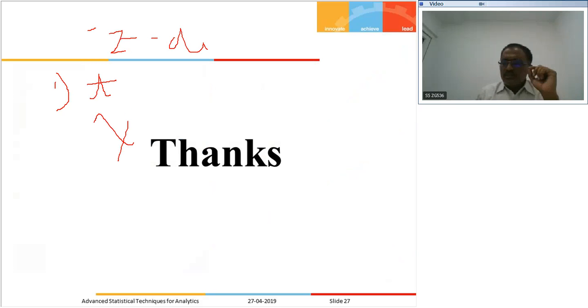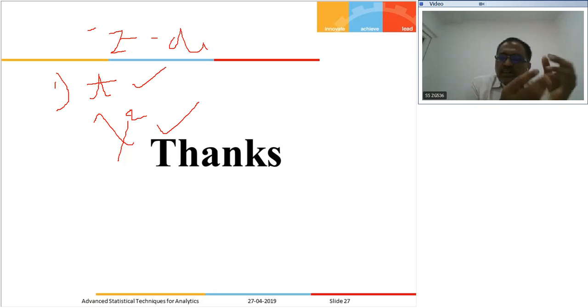It is compulsory that you will have problems where you have to go for T distribution as well as chi-square distribution. That means indirectly, it is very clear that you have to go through all the models we discussed with respect to testing of hypothesis, wherever we use T distribution, Z distribution as well as chi-square distribution.